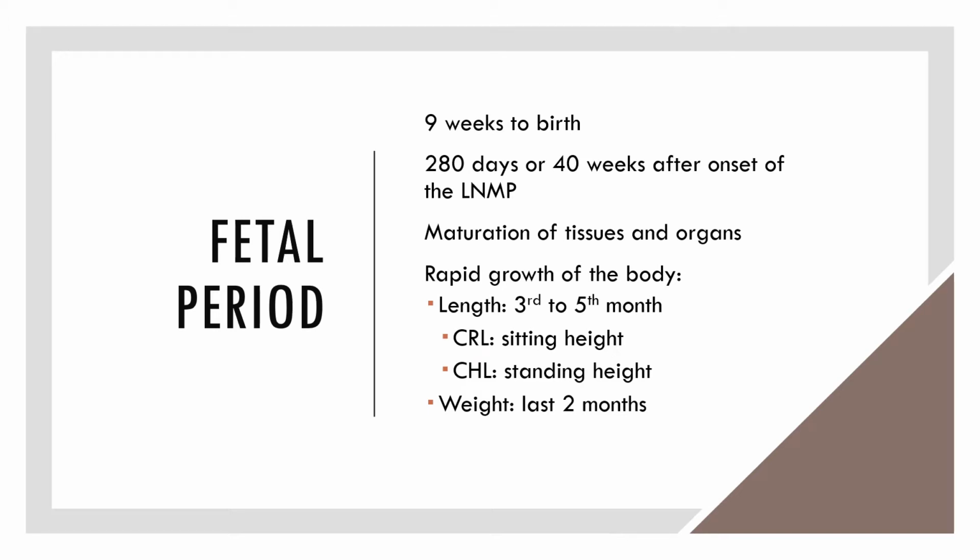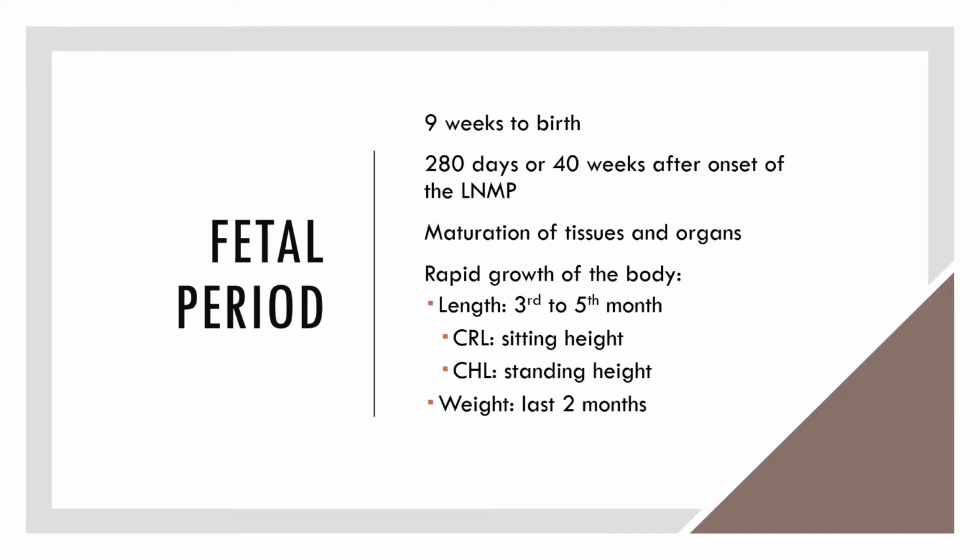The growth in length is particularly striking during the 3rd, 4th, and 5th months, while an increase in weight is most striking during the last 2 months of gestation. In general, the length of pregnancy is considered to be 280 days or 40 weeks after the onset of the last normal menstrual period.